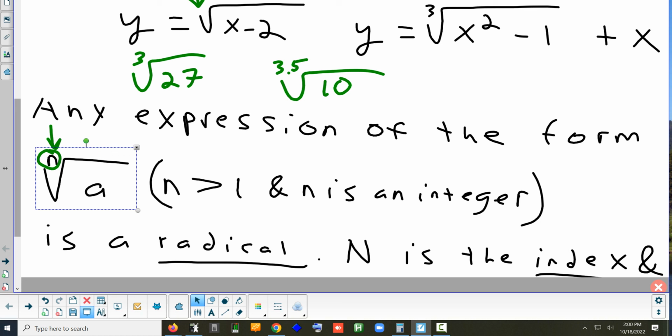You can do that, but it's different. We don't take 3.5th roots. Right? You can do a cube root, you can do a 4th root. There's nothing in between. So this number always has to be positive, and it has to be a number that's not a fraction. It's called the index. This entire thing is called a radical expression.